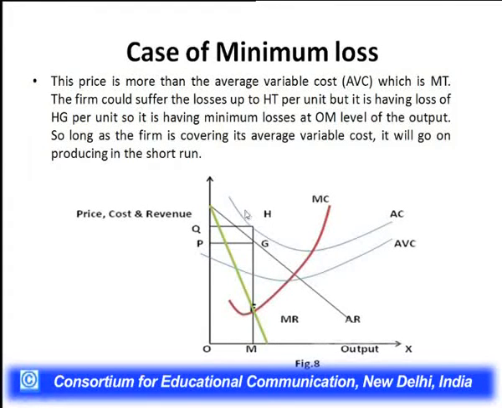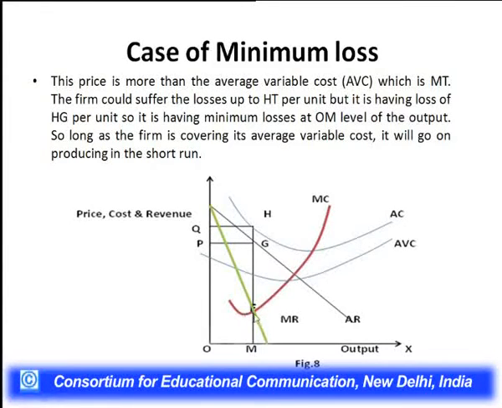Now the case of minimum loss is being shown by the marginal revenue and marginal cost method. Here again output is shown on the x-axis, price, cost and revenue are shown on the y-axis. Average cost is above AR, but the average variable cost curve is below AR, so that we can show that the firm is getting at least average variable cost.